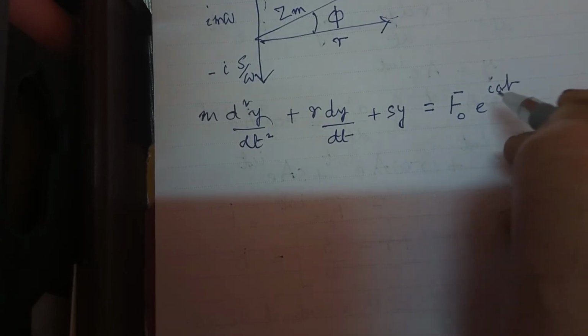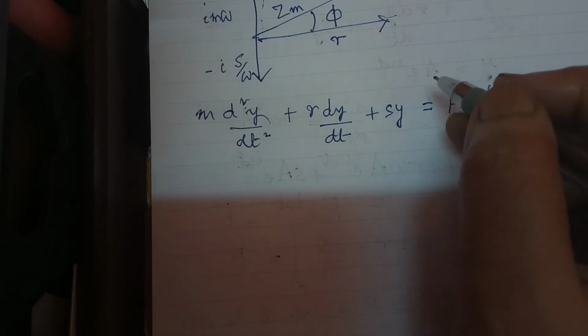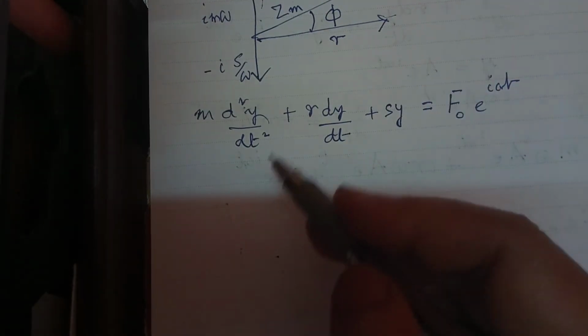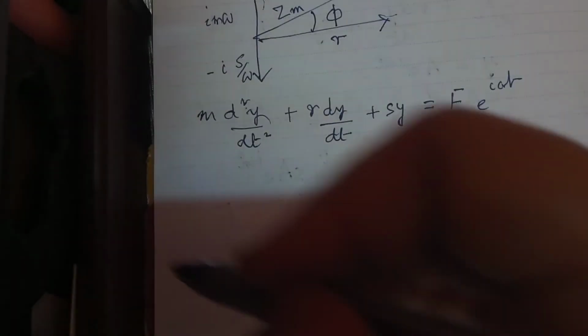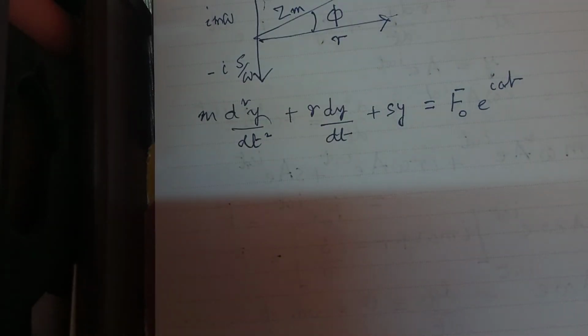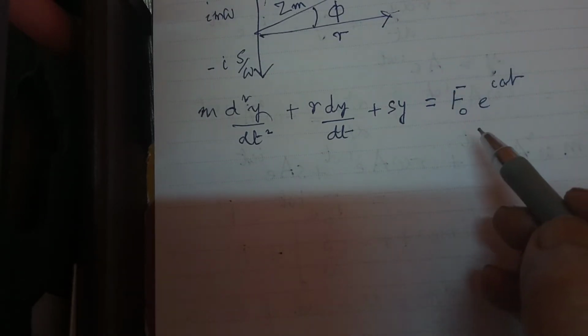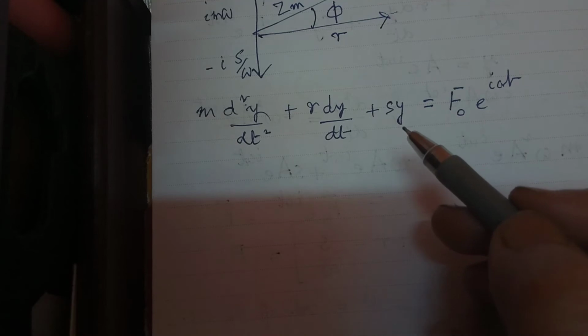So first you solve for the damped oscillator, that is the transient state, that means when the system will die down to 0. And then you solve for the steady state. Steady state is when you apply the external periodic force and the system becomes steady.